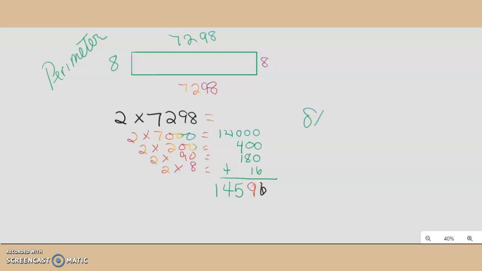Let me rewrite that, because it doesn't really matter, because they're flip-flops. 2 groups of 8, and the 2 groups of 7,298. So 2 times 8 is 16. And then I'll add the 14,596 plus the 16.